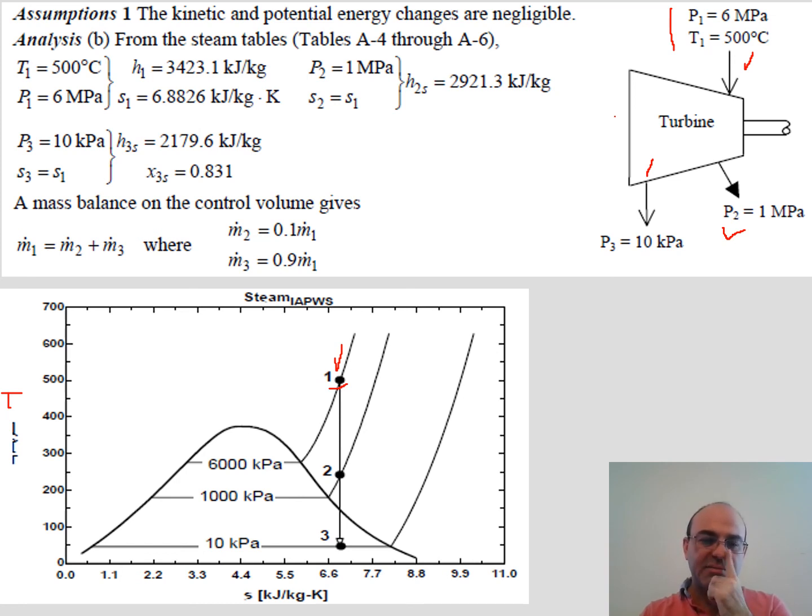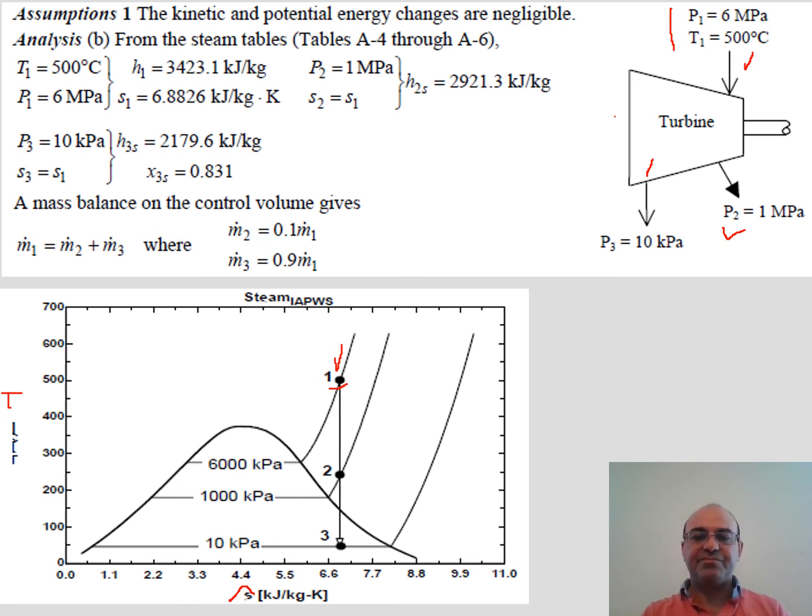Then it expands to point 2, where the pressure is 1000 kilopascals. It is isentropic, so it moves straight down at constant S. Then it continues to expand to point 3, where the pressure reaches 10 kilopascals.